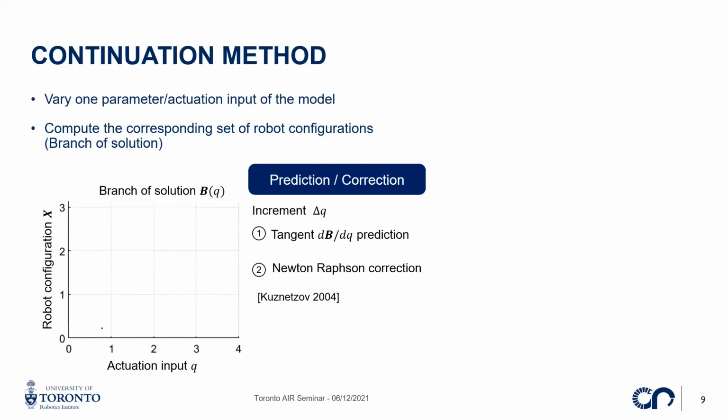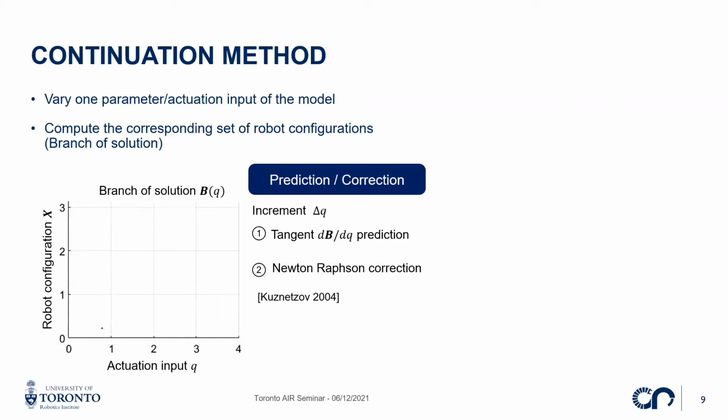So the goal of the continuation method here is to simulate deployments, so to vary one actuation input of the robot, and then to compute the corresponding set of robot configurations. And we are going to assume that these robot configurations evolve continuously according to this actuation input, which will give us a branch of solutions of the kineto-static model.